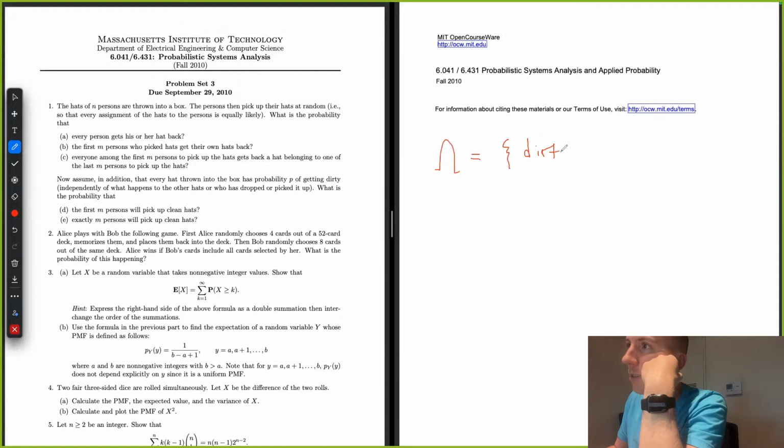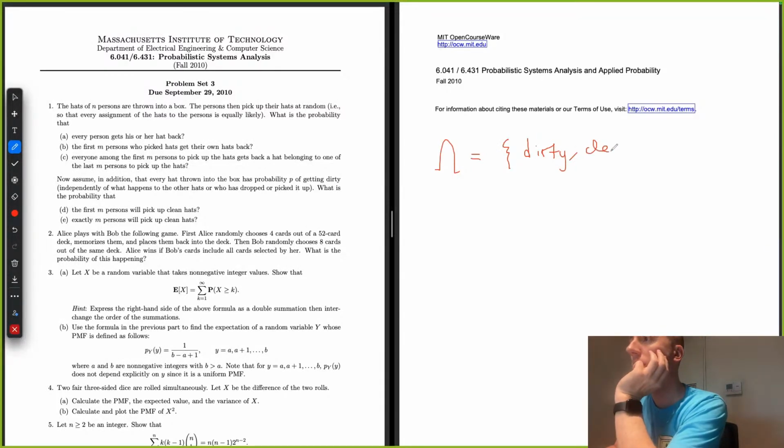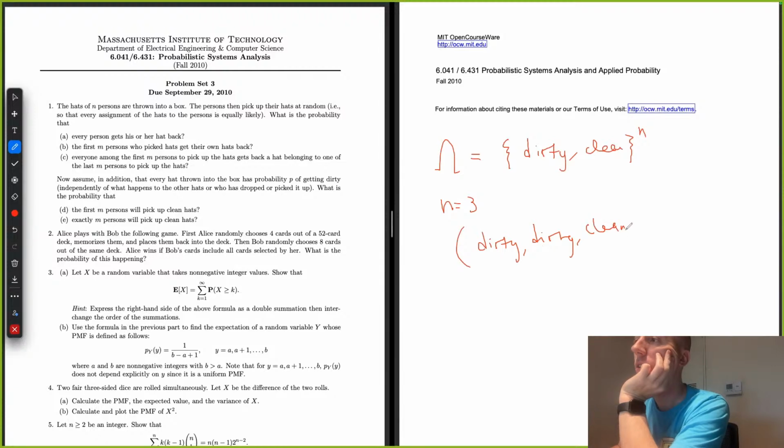So it could either be dirty or clean to the n, I guess. So if n was 3, we could have an outcome where it's dirty, clean, like this.